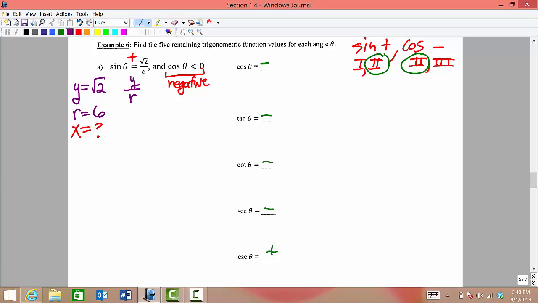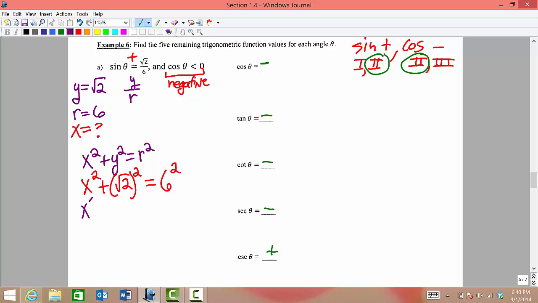Let's use our Pythagorean theorem. We know that x squared plus y squared is equal to r squared. And let's plug in the values that we know and don't know. X squared, we don't know that, so we'll leave it as x squared, plus y squared. Our y is the square root of 2. We will square that. And then 6 is our r value, and we will square that.